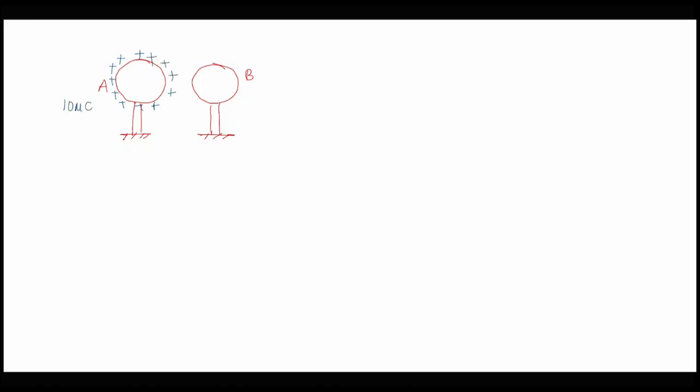B was initially neutral. Now if A and B are kept in contact with each other and then separated, what will happen?